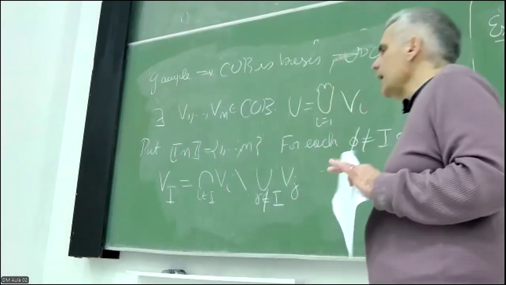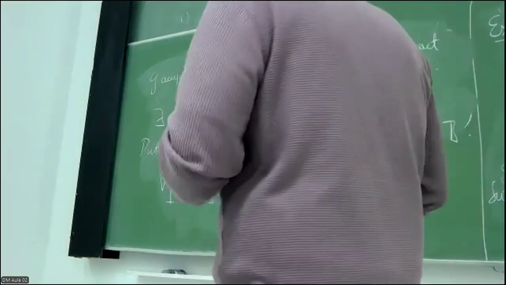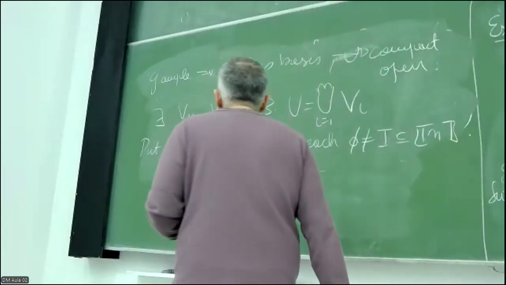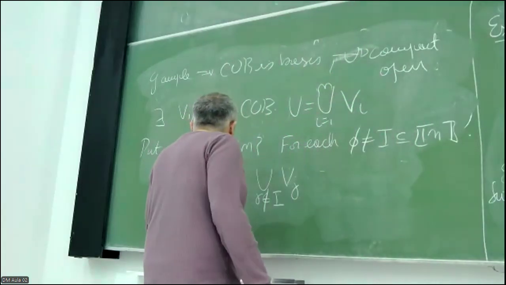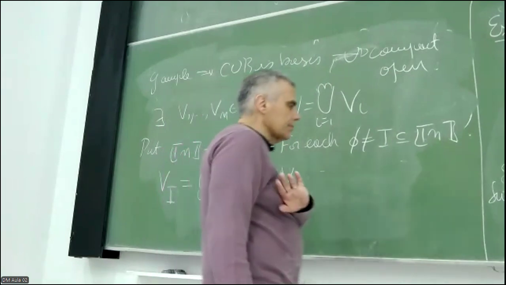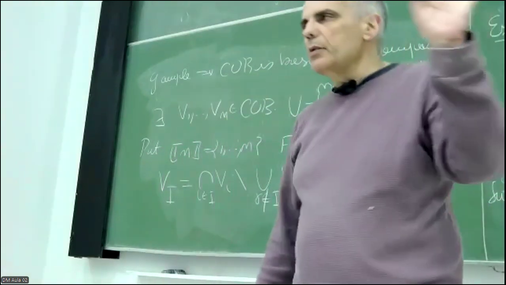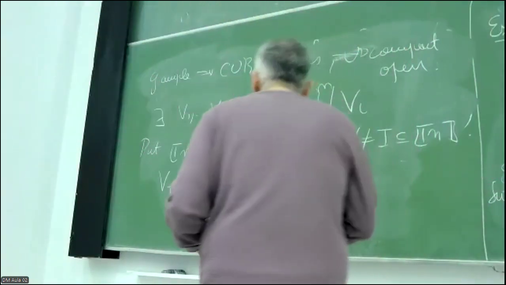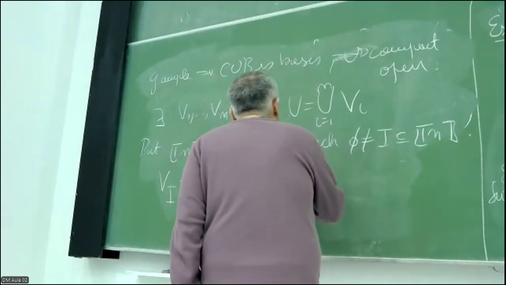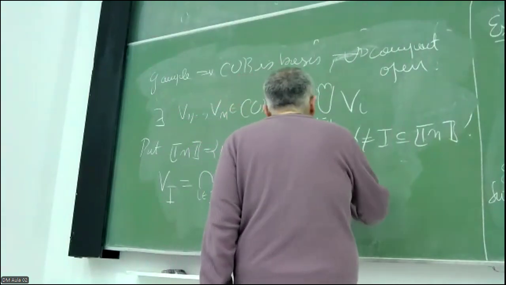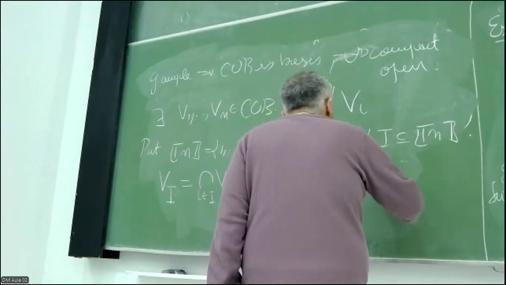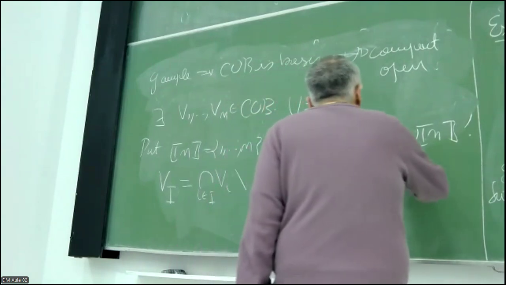So these are the elements that are exactly in all the Bi's for i in I and in none of the other Bj's. Okay? So clearly, U is the disjoint union of the V_I's.